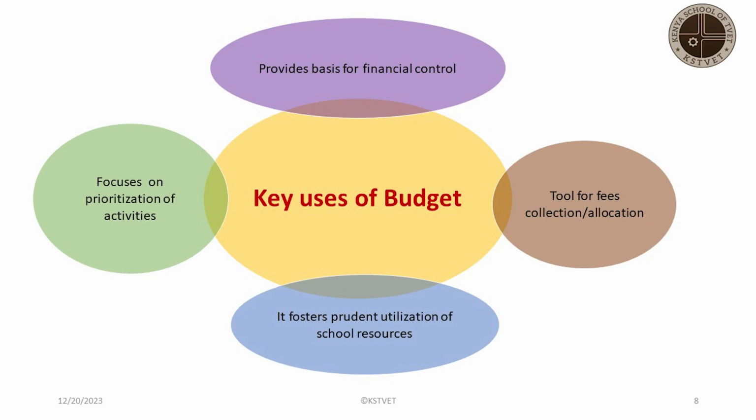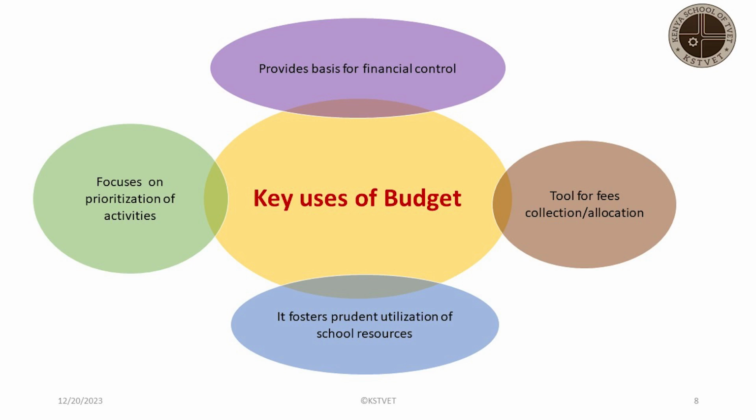Another importance. Budgeting provides the basis for financial control. Budgeting is a tool for fee collection or allocation. And budgeting fosters prudent utilization of school resources, hence ensures optimum utilization of finances. Good.